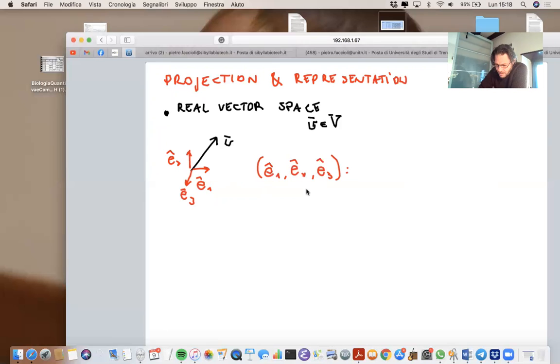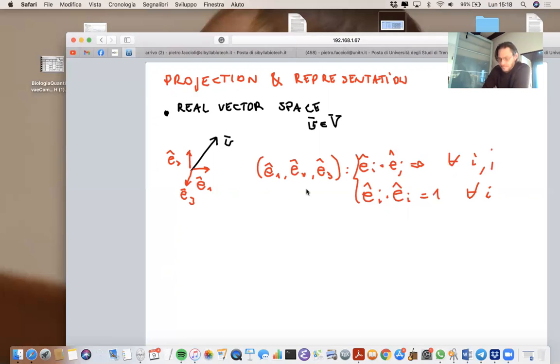We define them in such a way that ei dot ej is 0 for i different from j, and ei dot ei is equal to 1 for all i. These are called an orthonormal set of bases. Why do we like orthonormality? Because we don't want redundant information. If you have an orthonormal set of vectors, all you need is as many vectors as the dimensionality of the space to write any vector as a linear combination of these vectors.